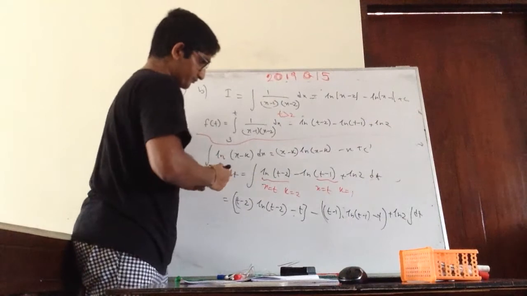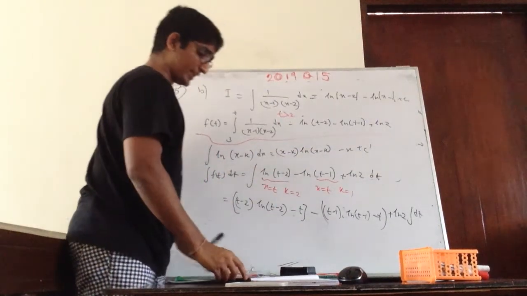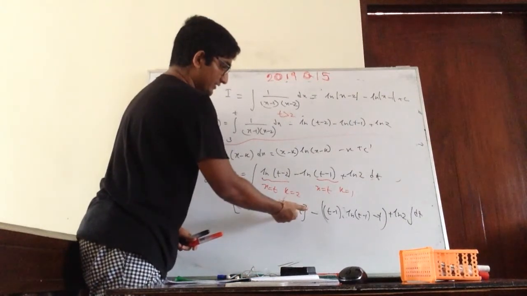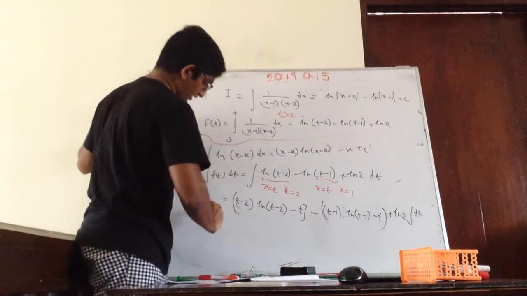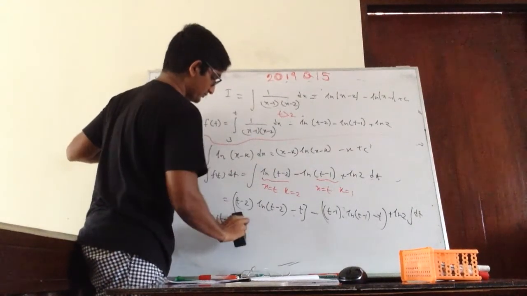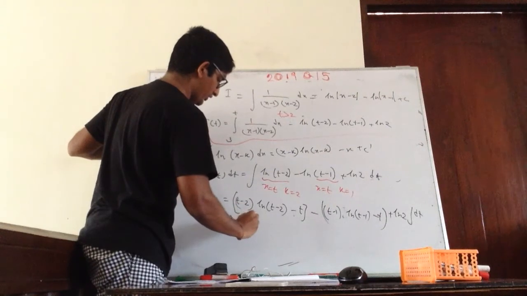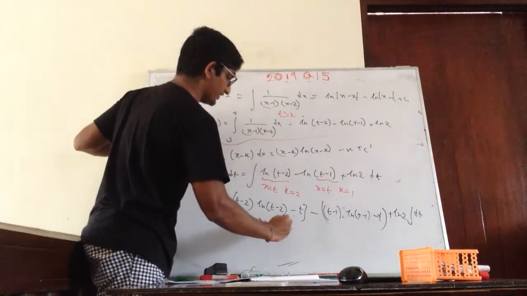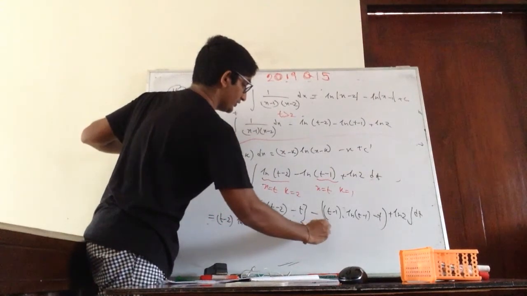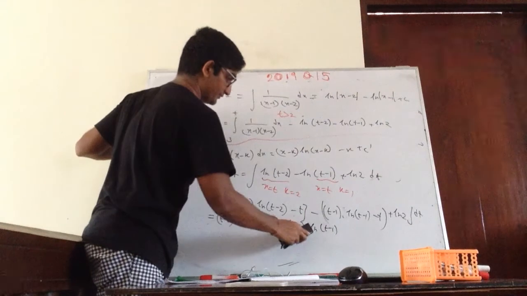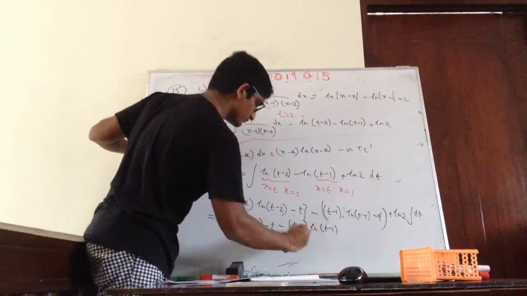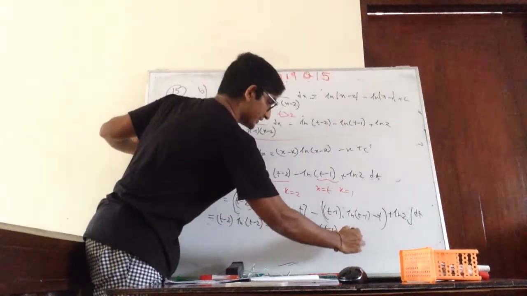So now let's get the answer here. This is going to be minus t, this is going to be positive t, no? So now that's all. Let's expand this and write (t minus 2) ln(t minus 2) minus t minus (t minus 1) ln(t minus 1) plus t.